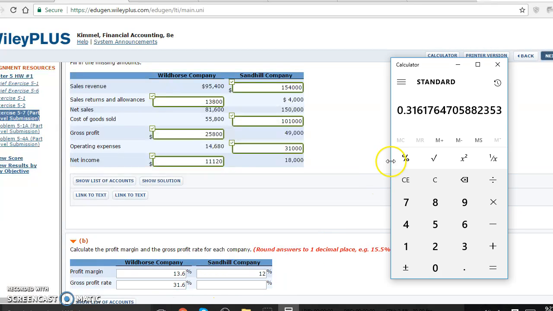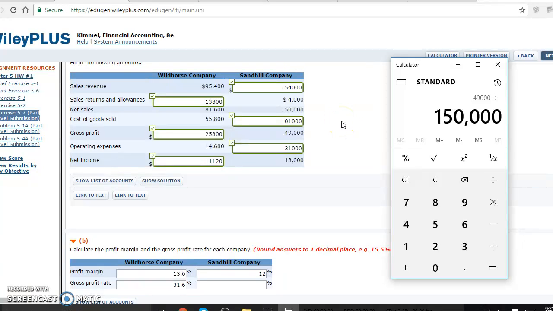Now Sandhill Company, we do the same thing. It will be net sales minus cost of goods sold divided by the net sales again. So let's go ahead and do that. $150,000 minus $101,000, and this will be divided by $150,000, because it's the net sales.